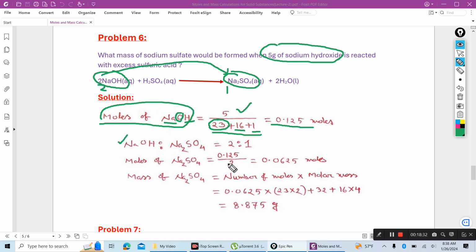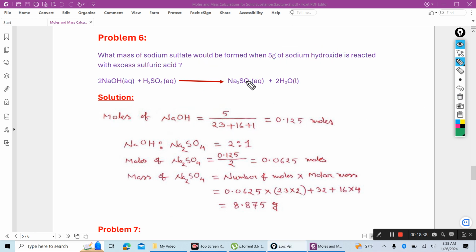Sodium hydroxide to sodium sulfate 2:1. I mean 2 goes to 1. Sodium hydroxide is 2, sodium sulfate 1. Sodium sulfate mole is half of sodium hydroxide.